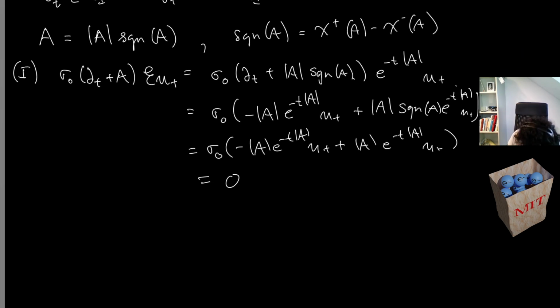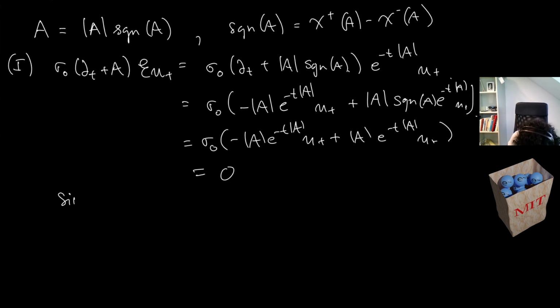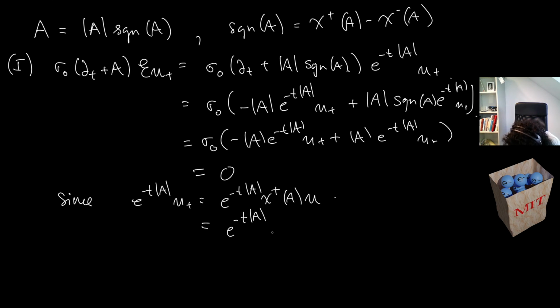Since e to the minus t modulus a u plus is equal to e to the minus t modulus a chi plus a u, which is equal to e to the minus t modulus a chi plus a squared of u.